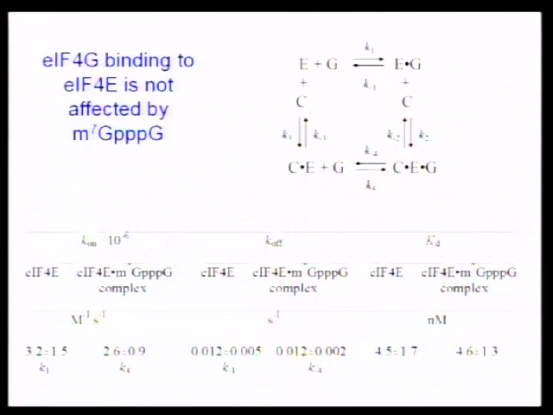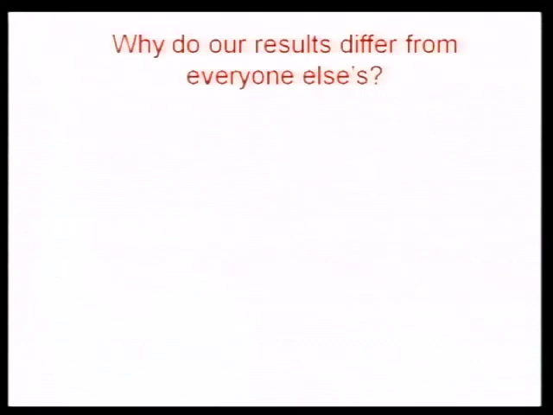And we find that for either 4E alone or the 4E cap complex, the kinetic constants are the same. So the on rates are the same and the off rates are the same. So the equilibrium constants for that part of the reaction, so this part, are the same as well, 4.5 in both cases. So this confirms what we got the first time.